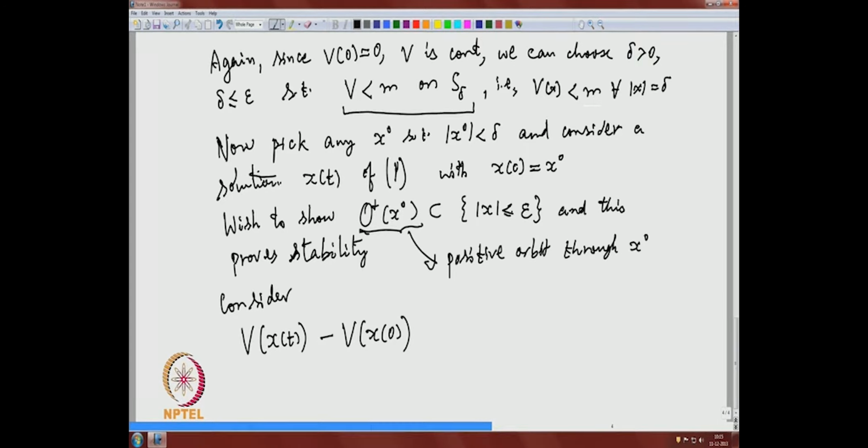So, that is the composition of V and x, and this by the fundamental theorem of calculus, one variable calculus, is the integral from 0 to t of d by ds of V of x of s. So, this you have already seen many times. Okay. I am just applying that. So, this is the fundamental theorem of calculus. Remember this. So, you see how simple things in calculus are utilized.